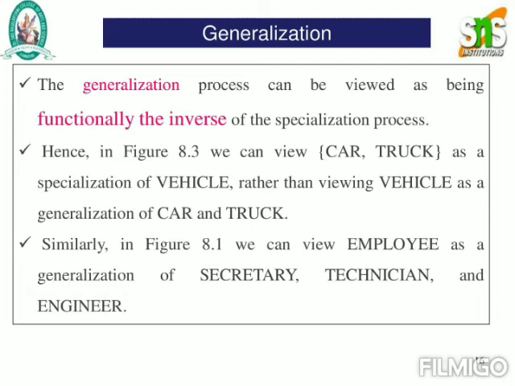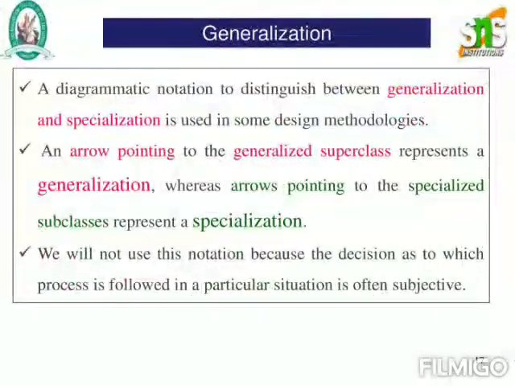The arrow pointing to the generalized superclass represents the generalization process, whereas the arrow pointing to the specialized subclasses represents specialization. We will not use this notation because the decision of which process to follow in a particular situation is often subjective.